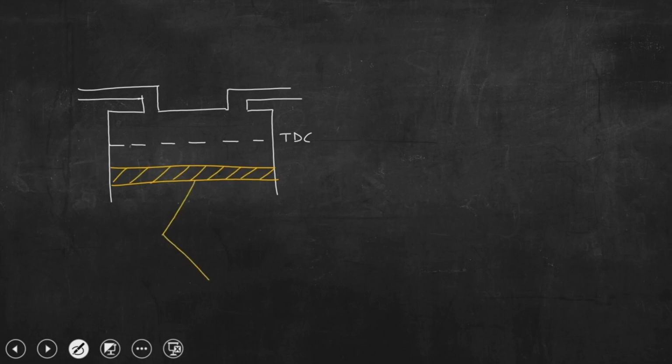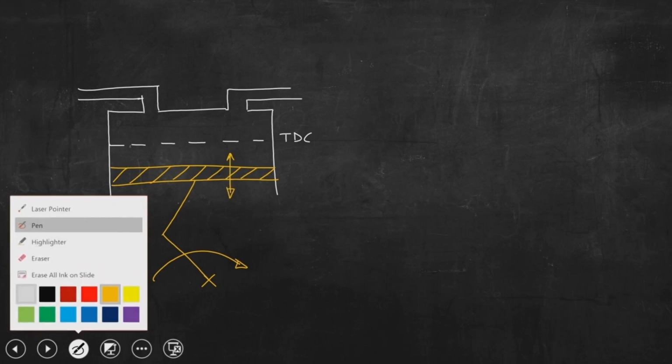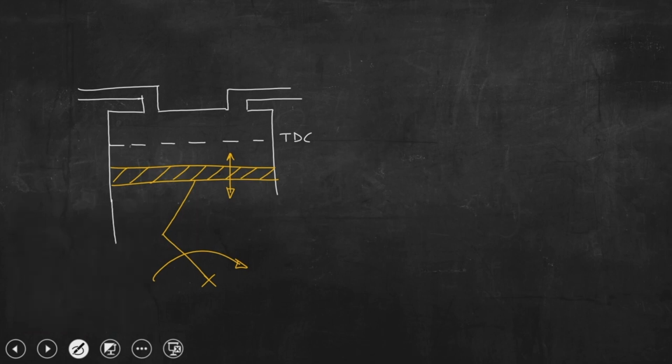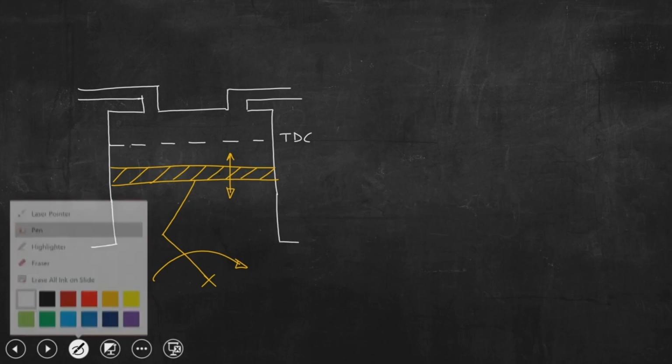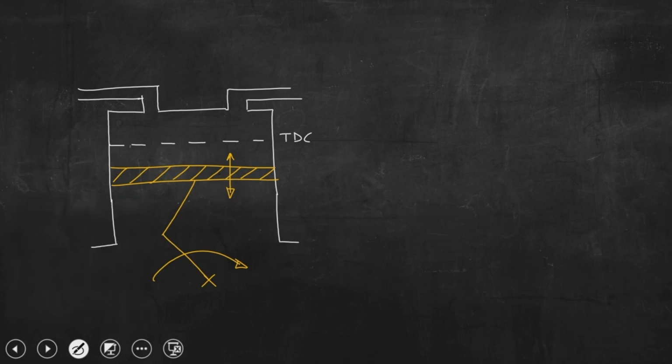This piston is connected to this crank using this connecting rod, and the piston has a to and fro movement inside the cylinder. So, this is the engine cylinder, and this is the bottom dead center.